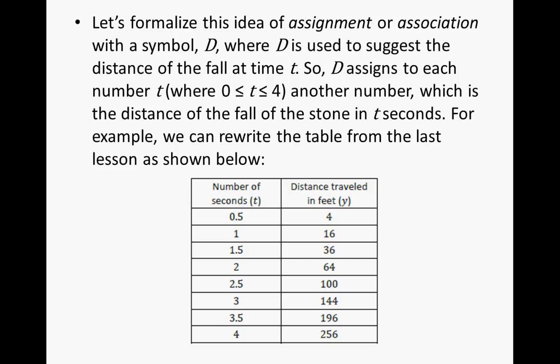For example, we can rewrite the table from the last lesson as shown below. For each t in seconds, notice that we're not calling it x anymore, we're calling it t, since that is what we're concerned with. T seconds is going to be assigned a feet traveled, which is going to be y, or our dependent variable.